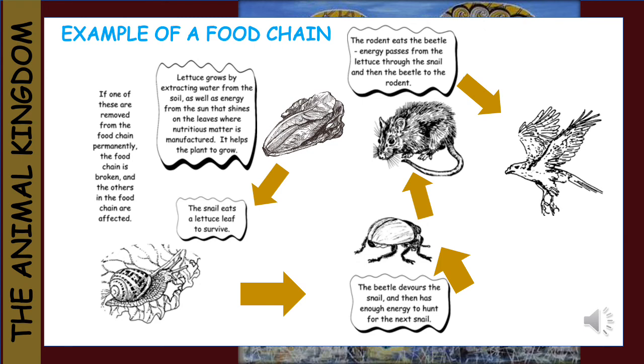And finally, an eagle swoops by and snatches the rat, completing the cycle. Once the eagle has reached the end of its lifespan, it will die, its body will decompose, it will break into smaller pieces, and it will be reabsorbed by the earth, allowing new plants to grow.